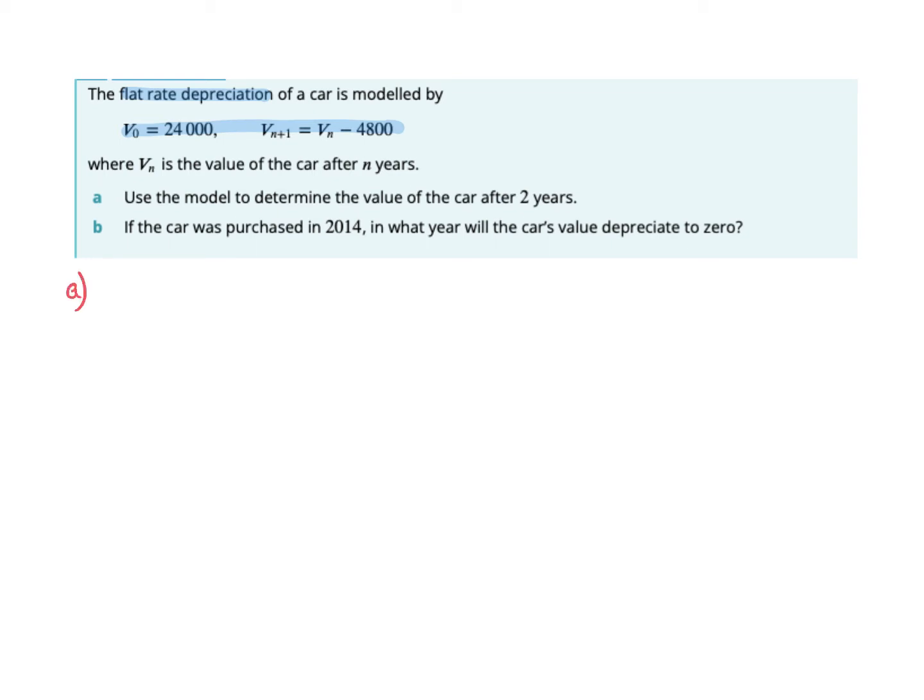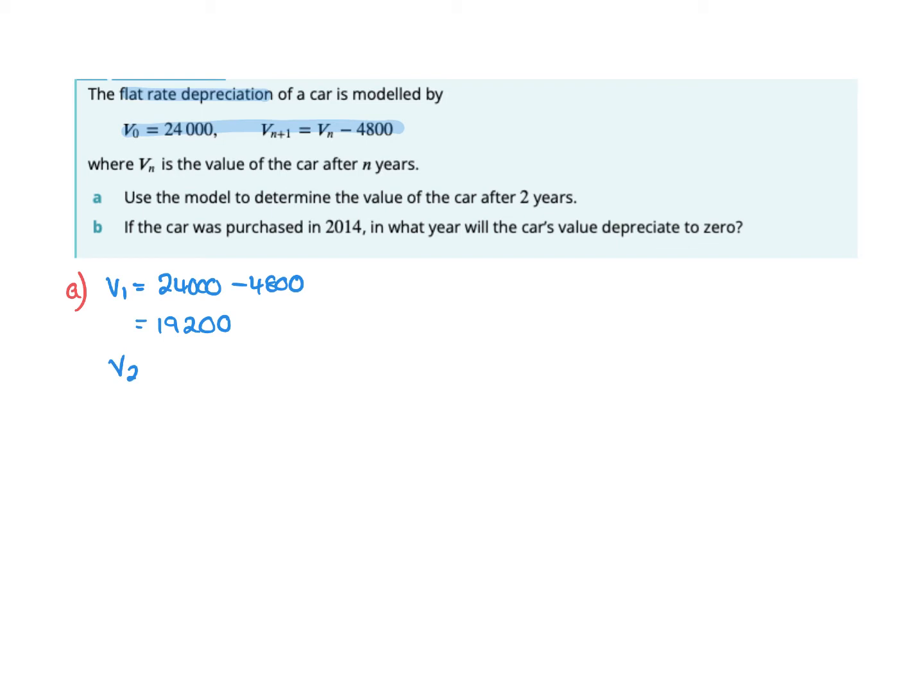So remember when I said when they ask you to use the model, you must show the working out step by step. I know it's annoying, but that's what we've got to do. So we've got V0. If we go after 2 years, we're going to show V1, and V1 equals V0 minus 4,800, which is going to be 19,200.